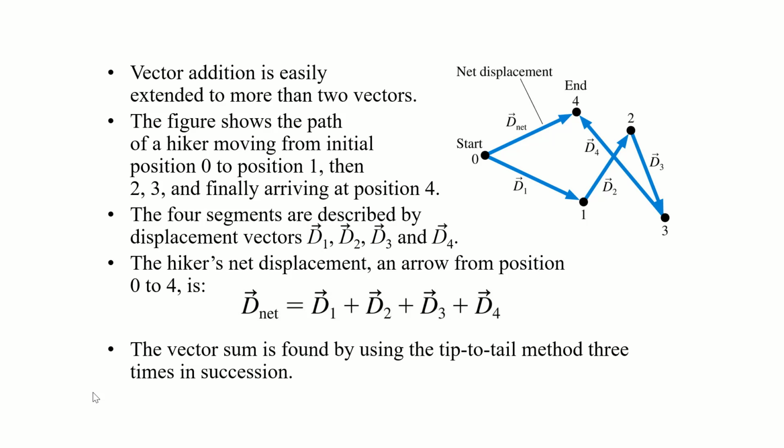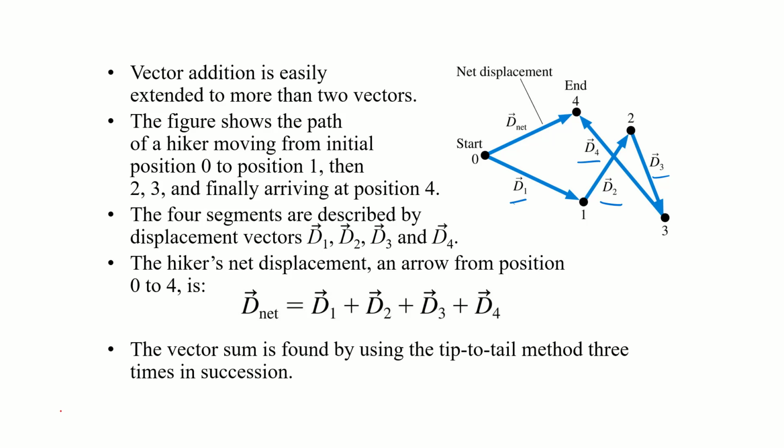I personally prefer the tip to tail method, and the only reason for that is this sort of situation. Say you want to add more than two vectors. Say I had 4 displacement vectors shown here, D1, D2, D3, and D4, and I want to know, after I've gone through all of these displacement vectors, what's my total displacement? With the tip to tail method, I think it's a lot simpler.